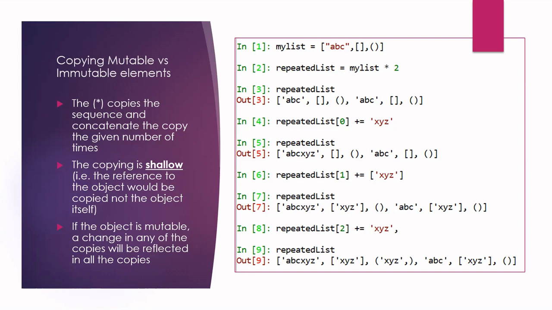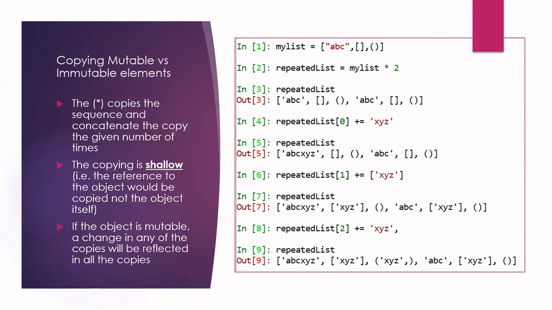Okay. Now I wanted to change the string. Okay. So when I change the string using this address, so if I say the copy of 0, I'm pointing at this address, right? So I want this to be plus equal x, y, z.